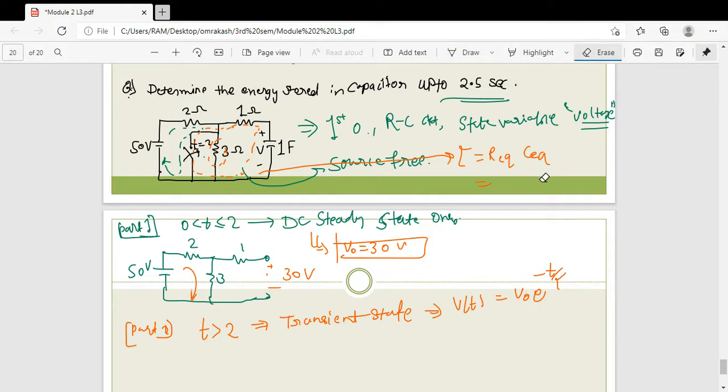And the capacitor is also 1 farad. So 1 into 1 is nothing but 1 second. Okay. 1 second is your time constant. So put that value in, and the initial voltage you already calculated here. So V of t is nothing but your 30 e to the power of minus t, right? Because tau is 1.